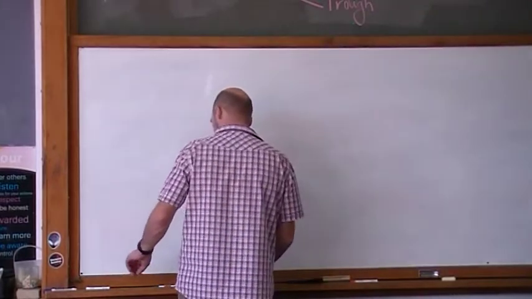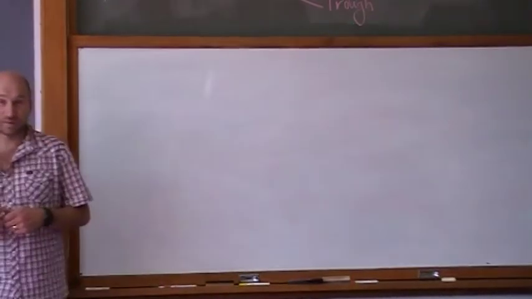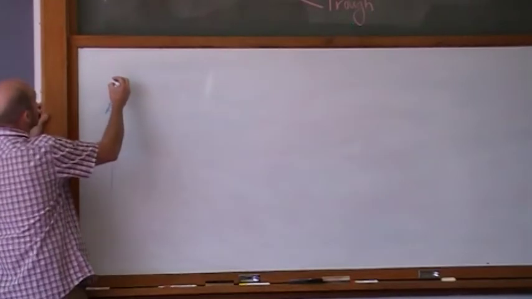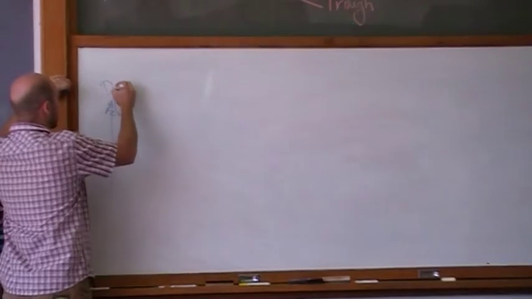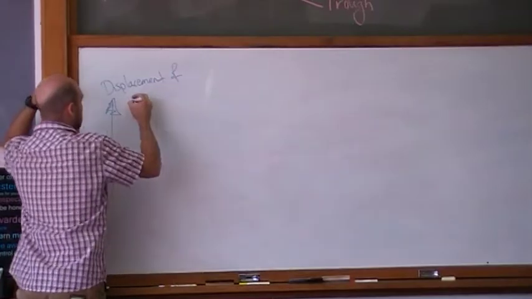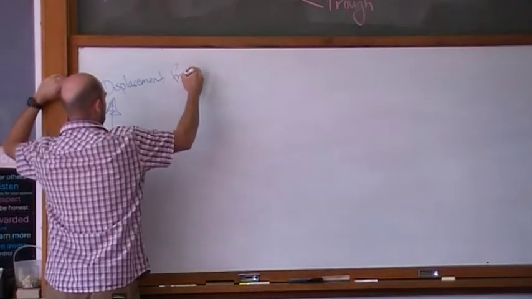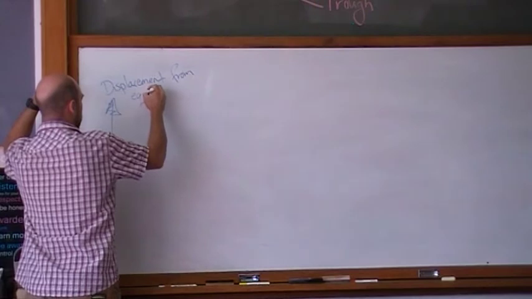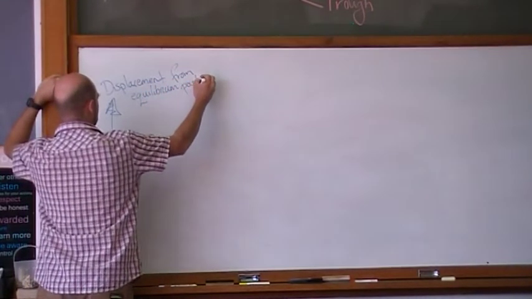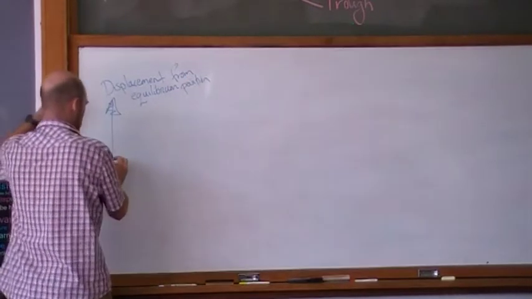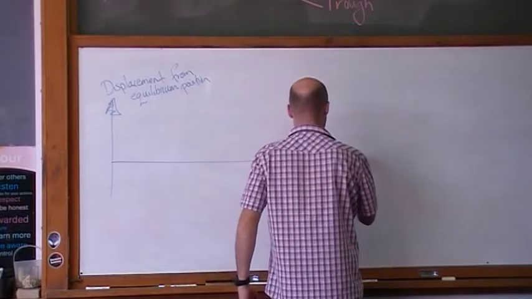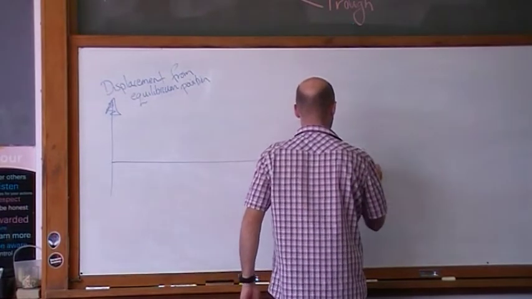We can do a very similar picture for that. We can have exactly the same y-axis, displacement from the equilibrium position. But on our x-axis, we're talking about time in seconds.